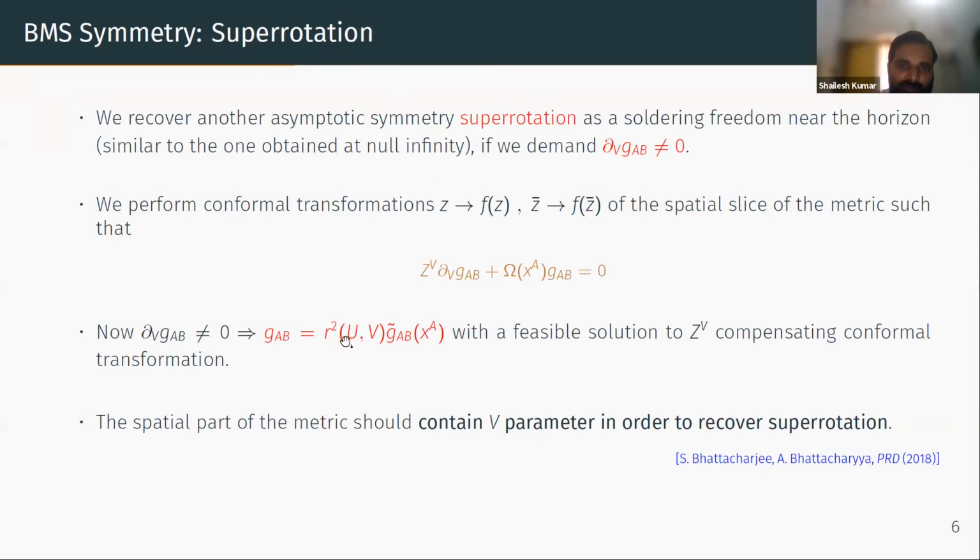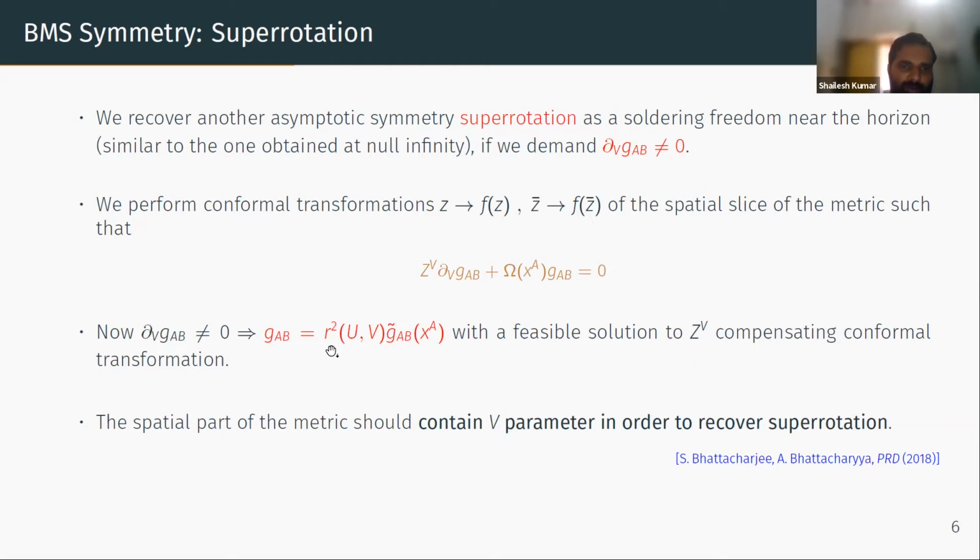In that case, we can have one feasible solution of g_AB, and this will give us a transformation of ζ^V, which will compensate the conformal transformation we are making to the spatial part of the metric. So once we make the conformal transformation to the spatial slice, we have a compensating transformation along the V direction, which makes sure that the metric remains preserved.